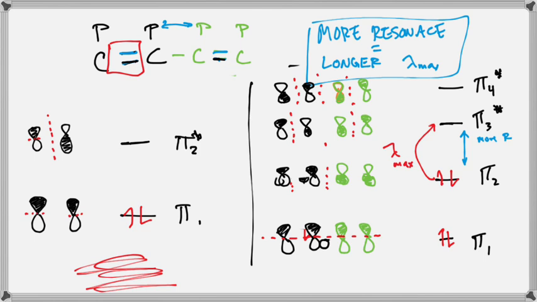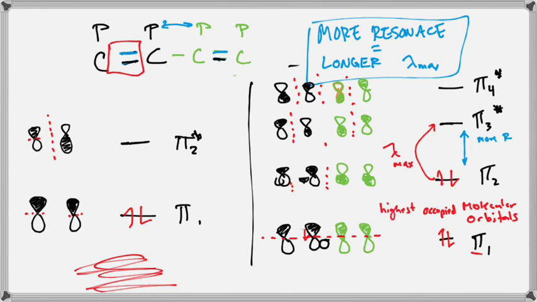So first and foremost, we're talking about molecular orbitals. Where does it start? It has to start at an occupied molecular orbital. But not any occupied molecular orbital. It must be the molecular orbital that is highest in energy.